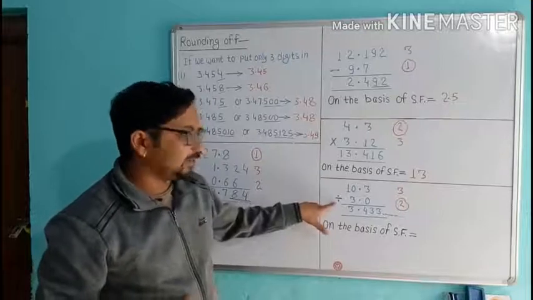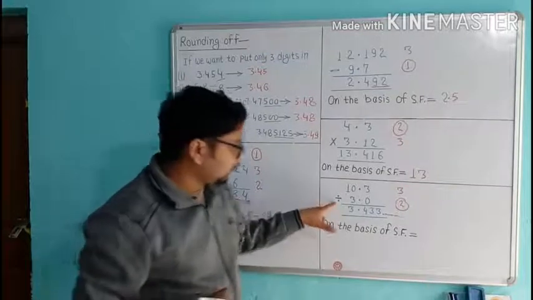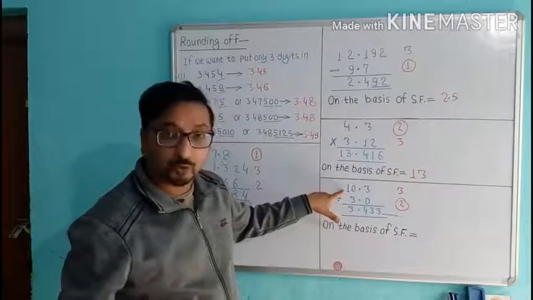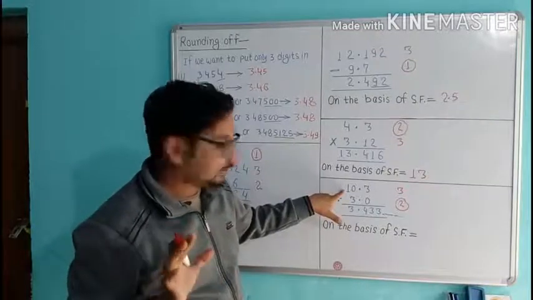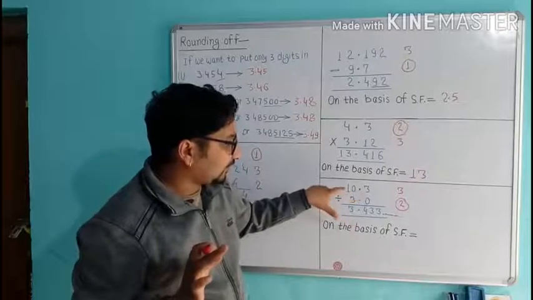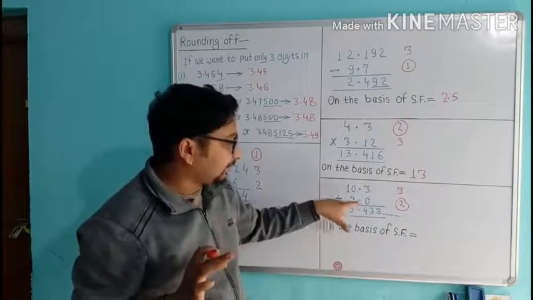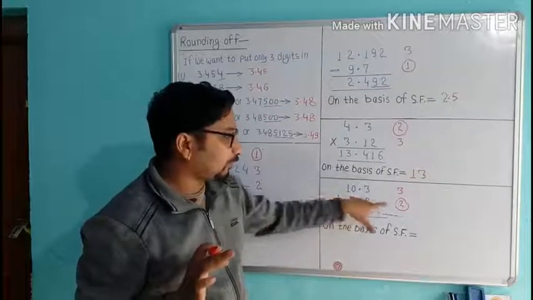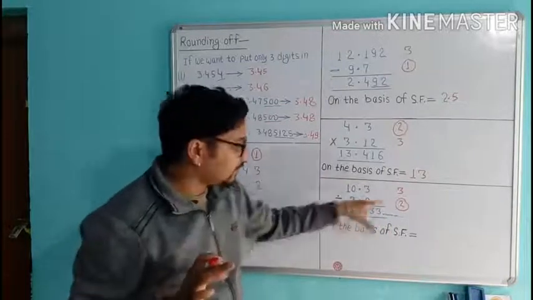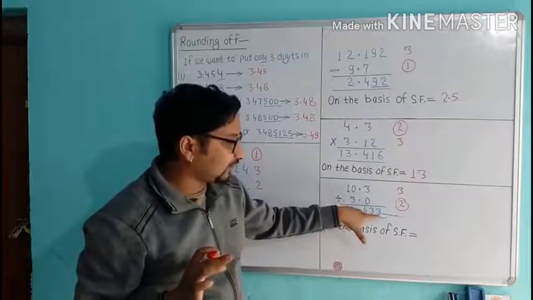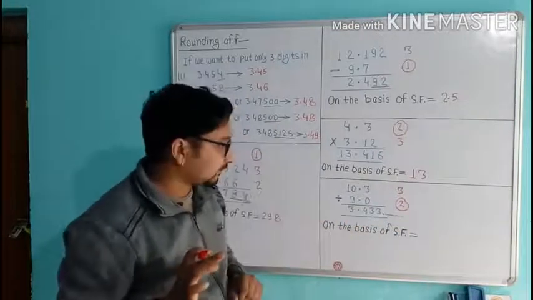Now in division, again we count the total number of significant figures in the digits. 10.3. There are 1, 2 and 3. 3 significant figures divided by 3.0. Here we have 2 significant figures. And when we divide it, we get this number 3.433333 and so on.